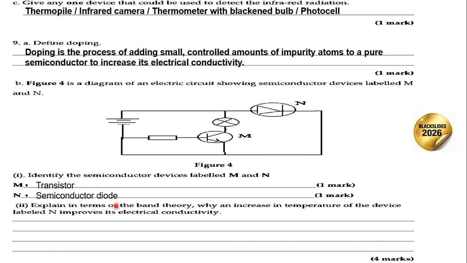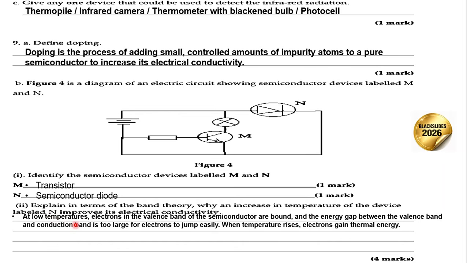Explain in terms of the band theory why an increase in temperature of the device labeled N improves its electrical conductivity. Why does a diode improve its conductivity when heated? The examiners are looking for the following explanation.